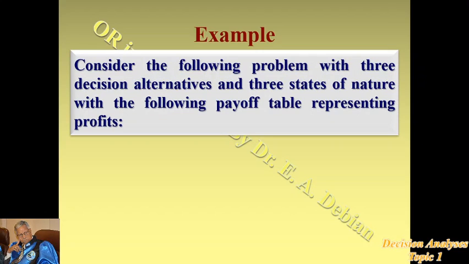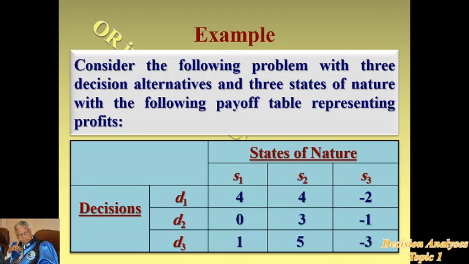Consider the following decision problem with three decision alternatives and three states of nature, with the following payoff table representing profit. Decision alternatives D1, D2, and D3.